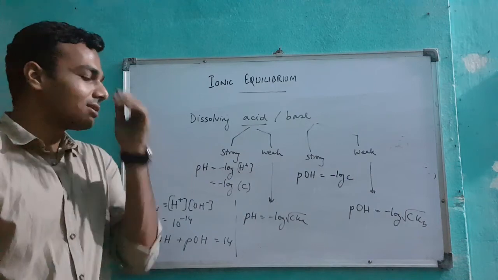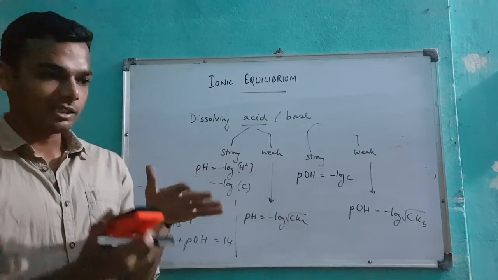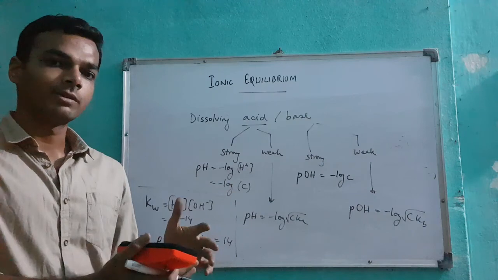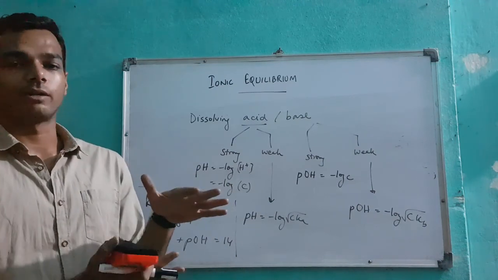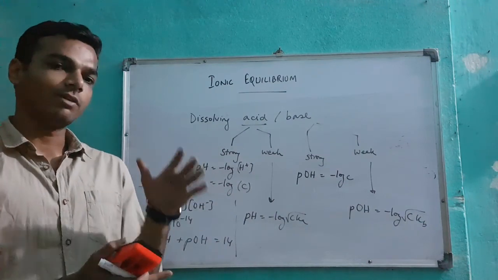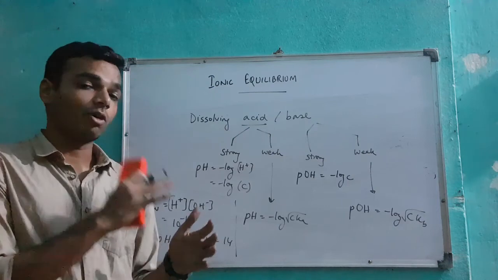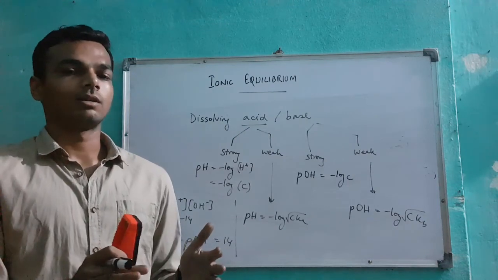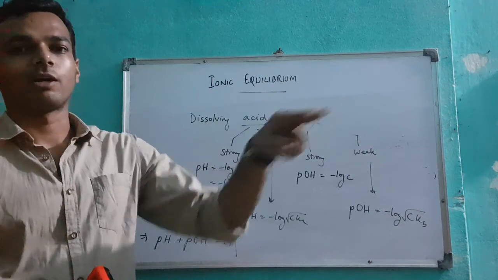So let's say there is a solution mixture which consists of 2 or 3 molecules, each dissociating in their own way. Now the equilibrium of all the 3 would be maintained. This is nature's law. So at any instant of time, if you apply the K formula for any of the 3 molecules, it will always satisfy it. Now let's say there are 2 chemicals that are giving out the same ion.